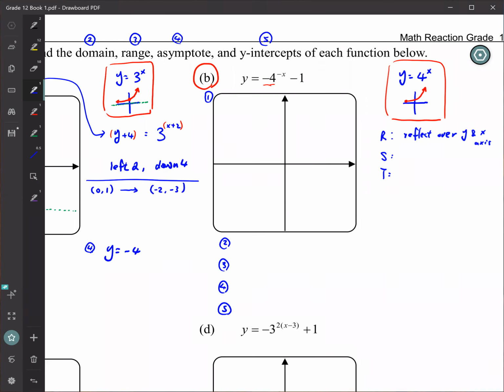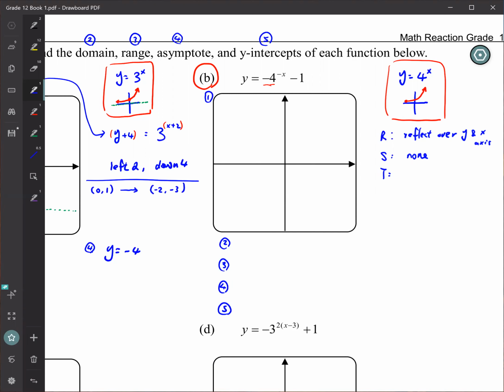What about S? Stretching, shrinking. Do we have anything about stretching or shrinking? Donna? No. Okay, this one is none. To tell whether you have it or not, you look at whether there's a number multiplying with x or anything that's multiplying with 4, or anything that can be moved under the y.